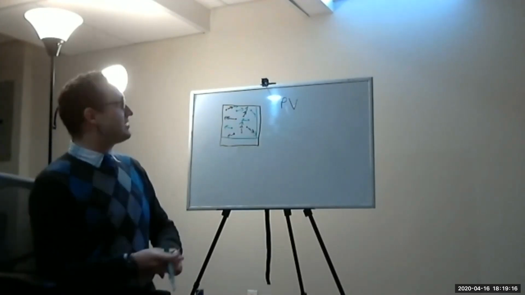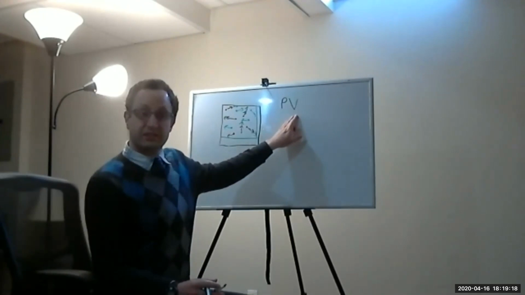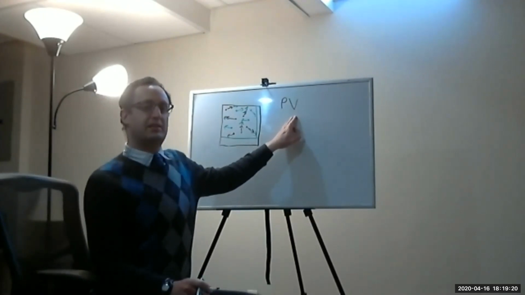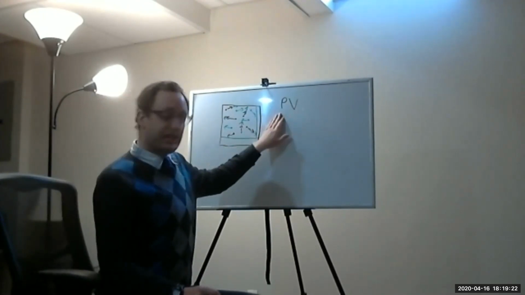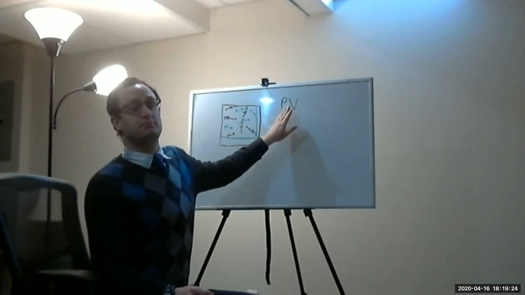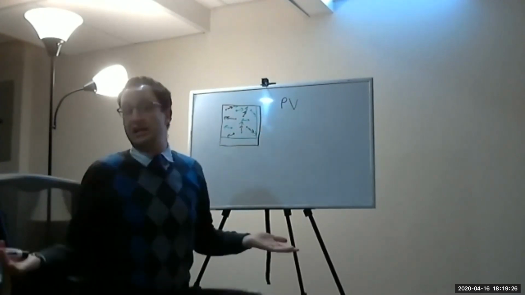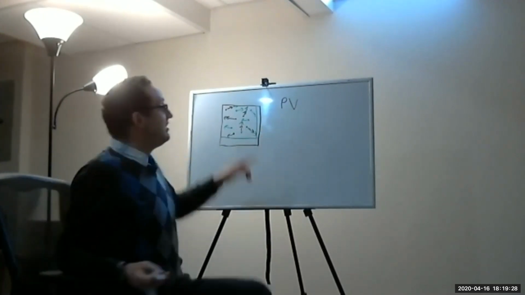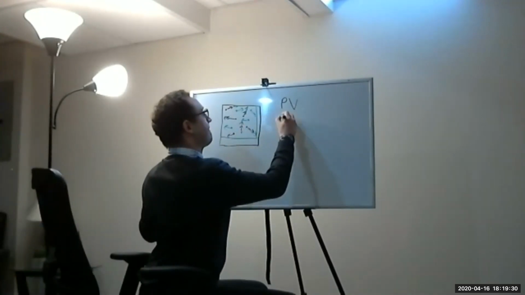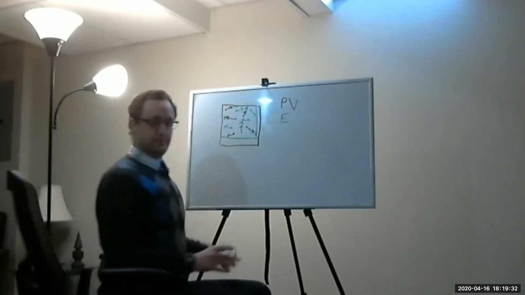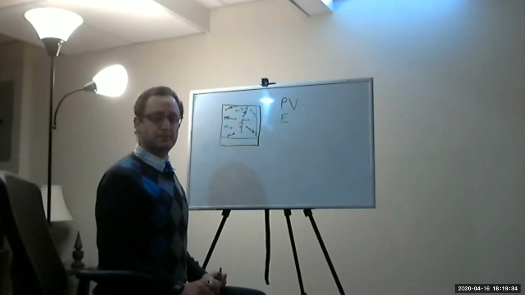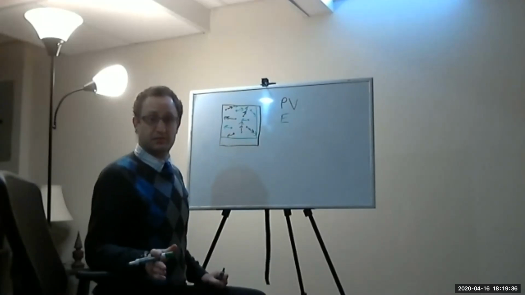So I started by writing up P times V for a reason. If P is my energy density, and I multiply that by how much volume I have, this is my energy. Make sense? Cool.